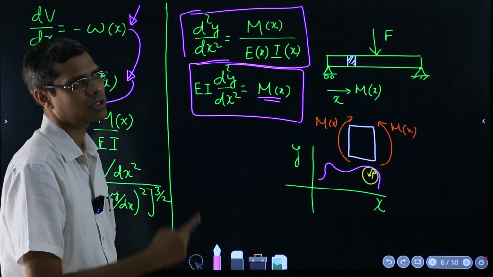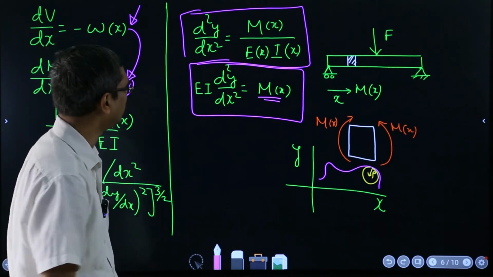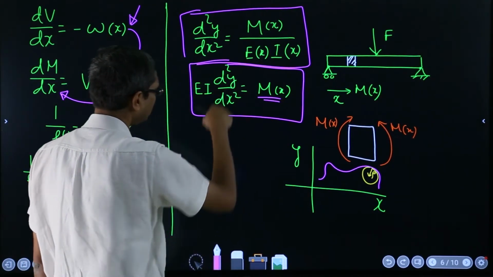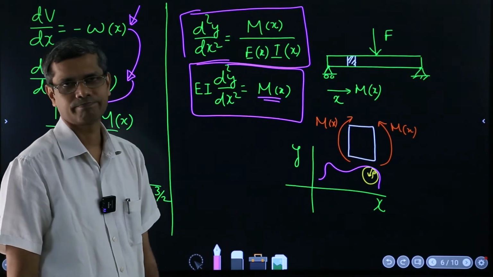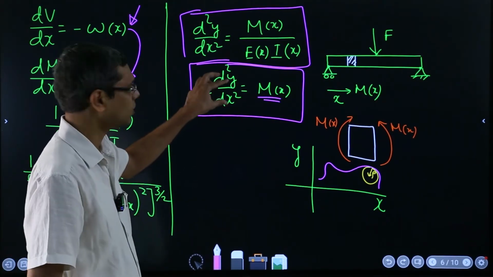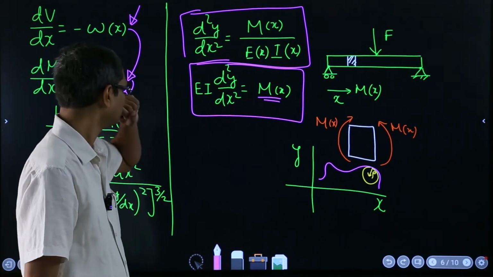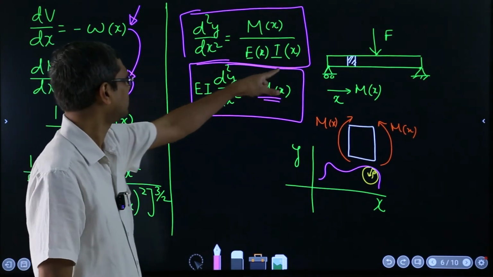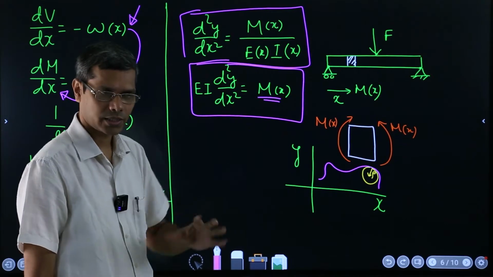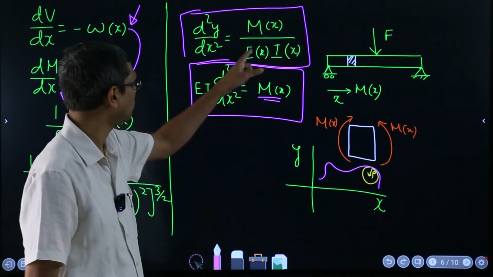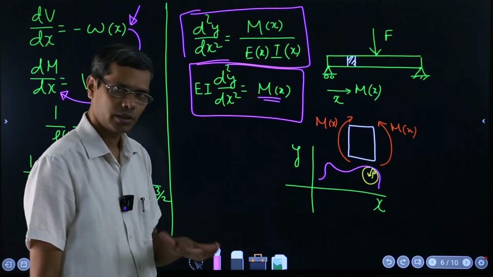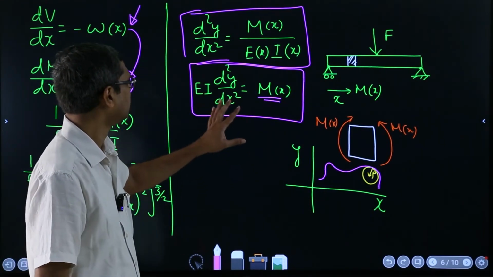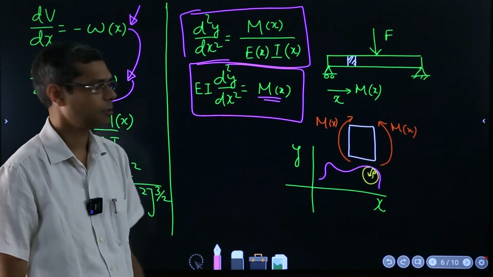That profile of bending moment dictates the curvature at every location, depending on the flexural rigidity. We discussed that this is the flexural rigidity, based on both material and geometry, the moment of inertia of the cross section. Based on that, the curvature will be defined.